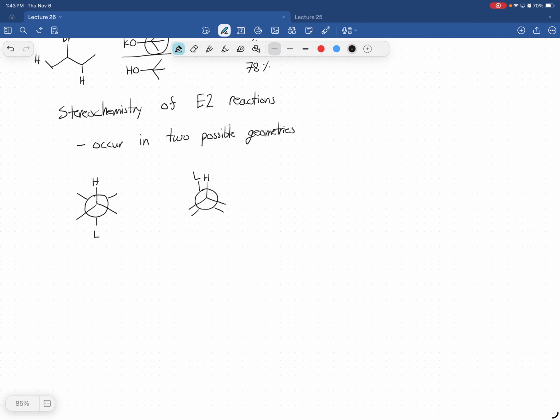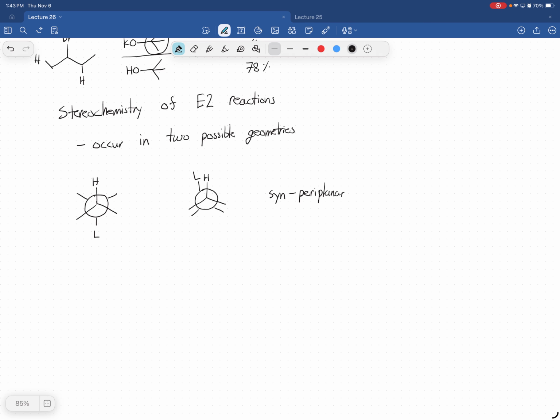All right, but what do you think is the problem when the H and the leaving group are overlapping? Do you remember when we talked about Newman projections? What's wrong with this conformation? Yeah, it's eclipsed, right?